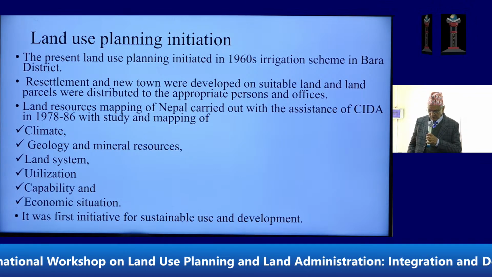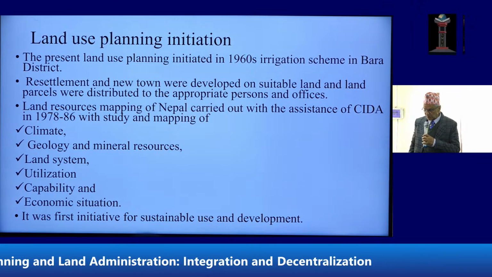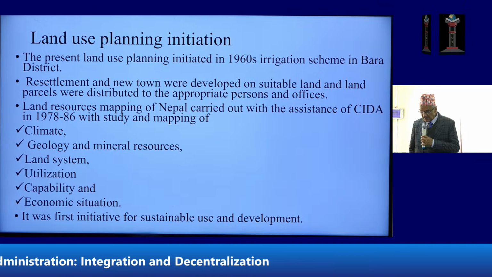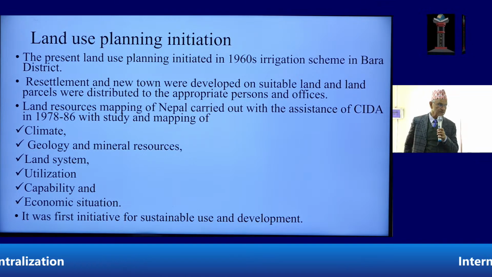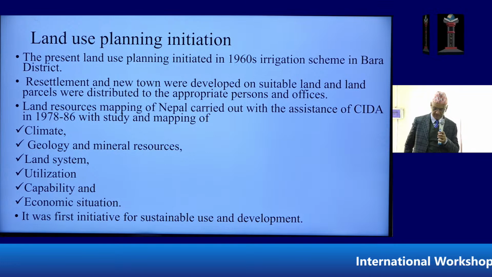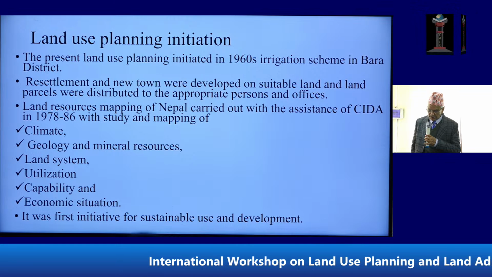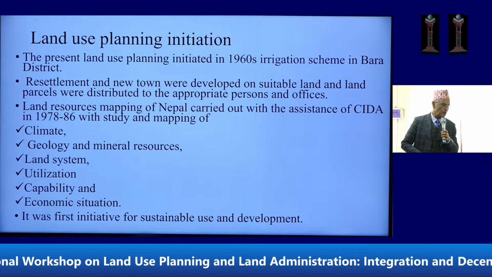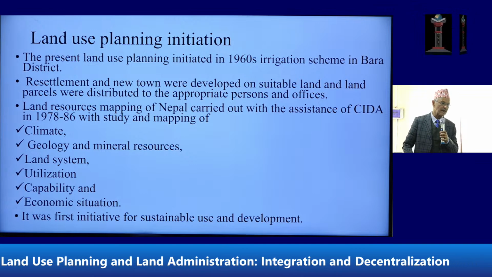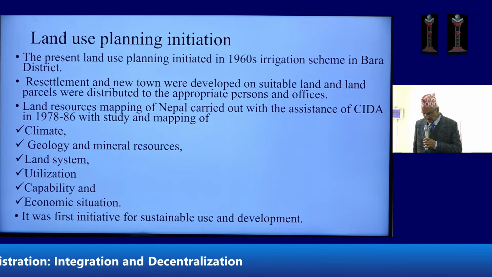Land pooling was started in the irrigation program in the 1960s, but it didn't continue, and now all the irrigation projects procure land by compulsory purchase.